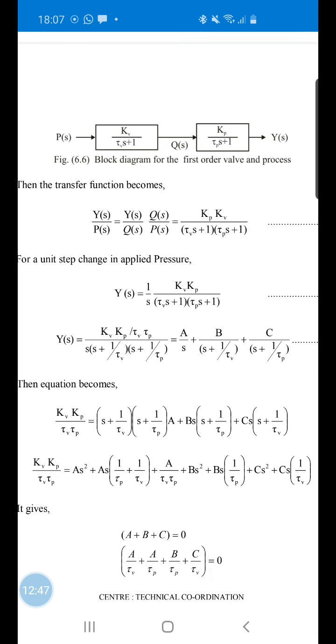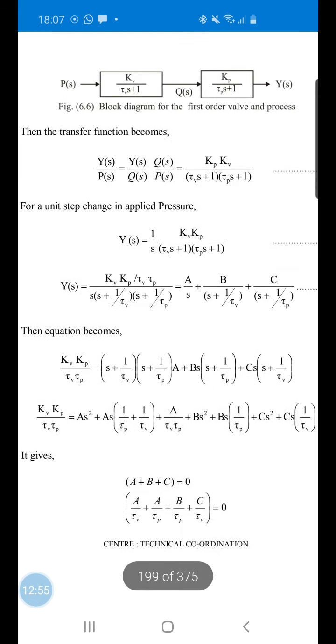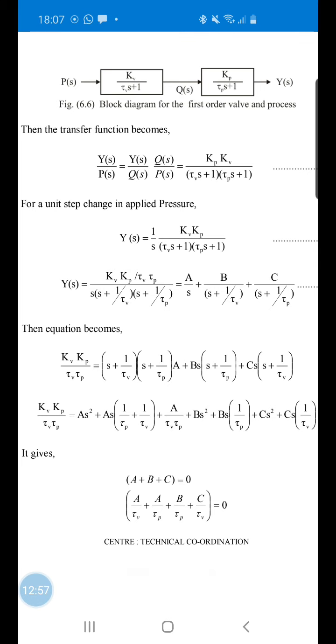So it will be kV into kp upon tau v s plus 1 into tau p s plus 1. Now if you introduce a unit step change in the applied pressure, y of s becomes 1 by s into the whole product. Now you have to apply the partial fraction method.